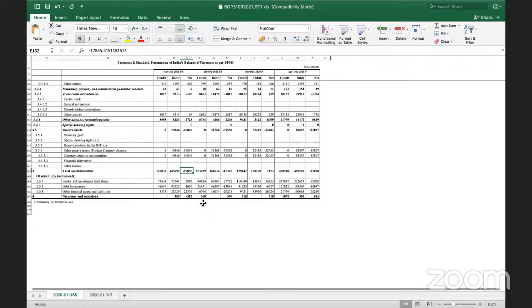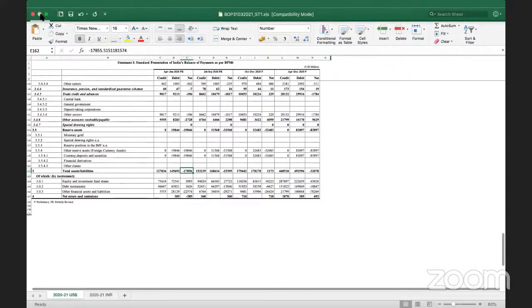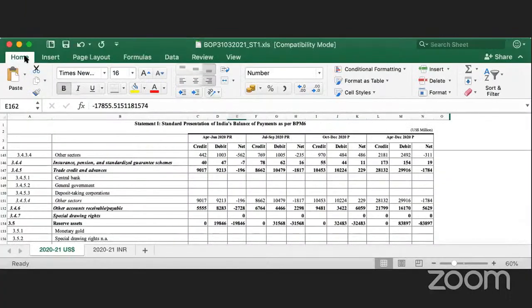I'll just share the link in the chat box. Go through these balance of payment sheets, and you can also do a project on this. Just give me time. You go through all these things in detail. We don't have enough time to get into each and every detail.